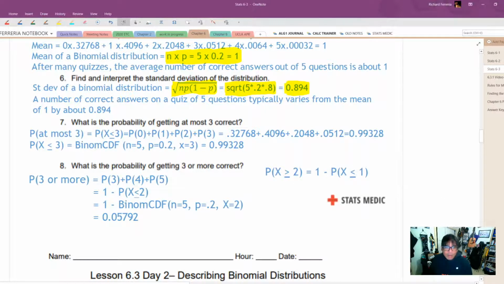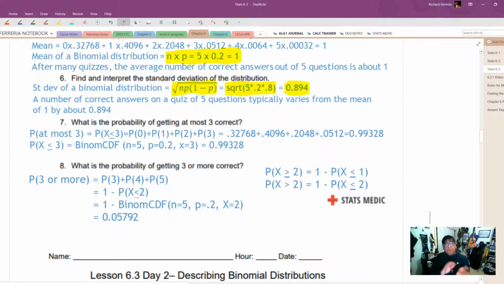If I want to calculate the probability that x is greater than or equal to 2, then I need to do 1 minus the probability that x is less than or equal to 1. However, if I want to calculate the probability that x is strictly greater than 2, then I have to say 1 minus the probability that x is less than or equal to 2.